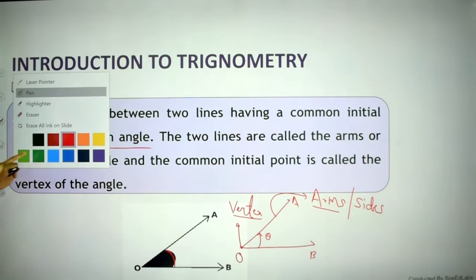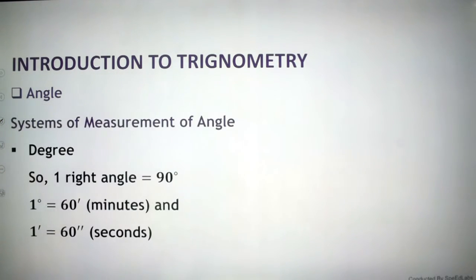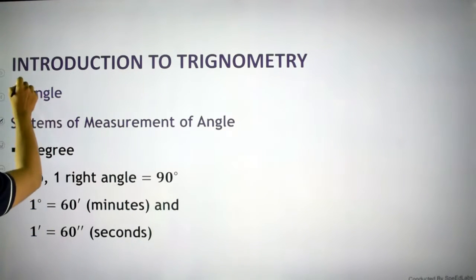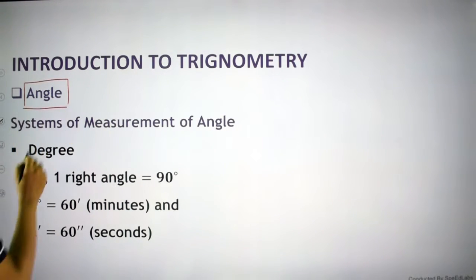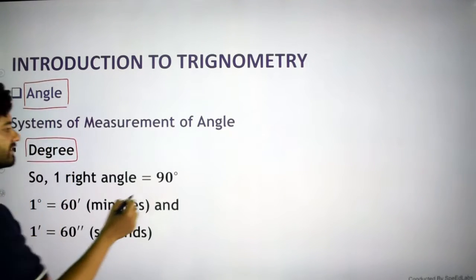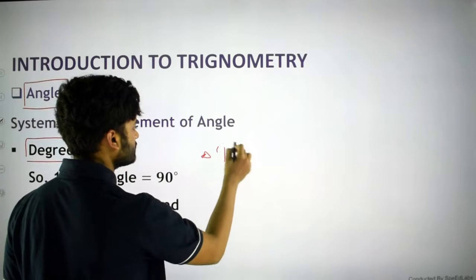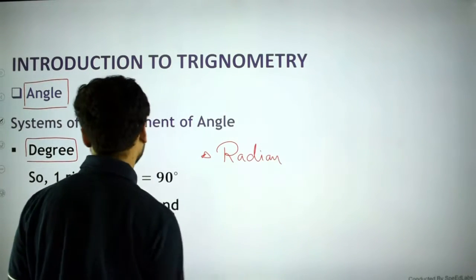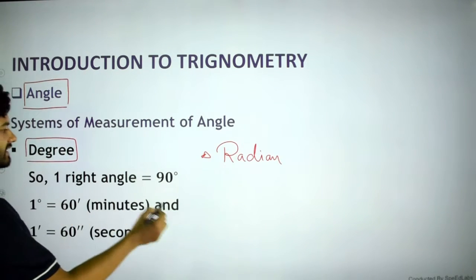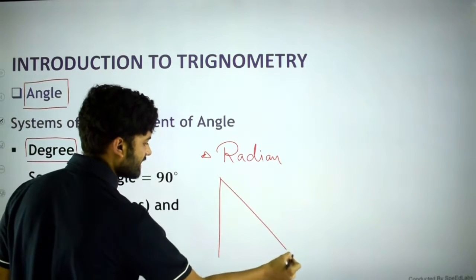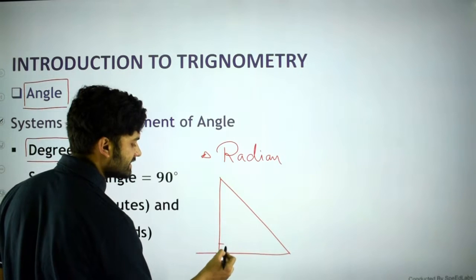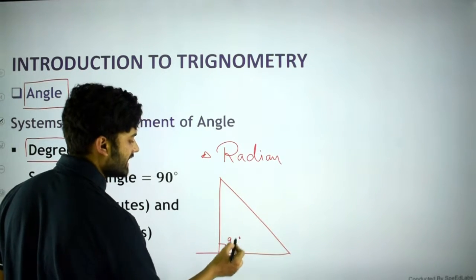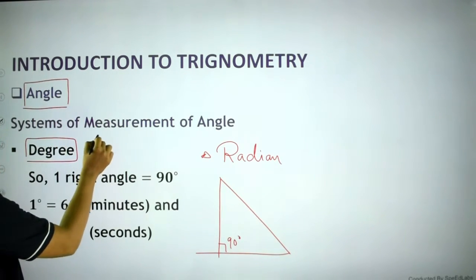Now moving further, how can we measure an angle? There are two systems of measurement of angle. The first is degree and the other is radian. As you can see, this is a right angle triangle, and this is 90 degrees.